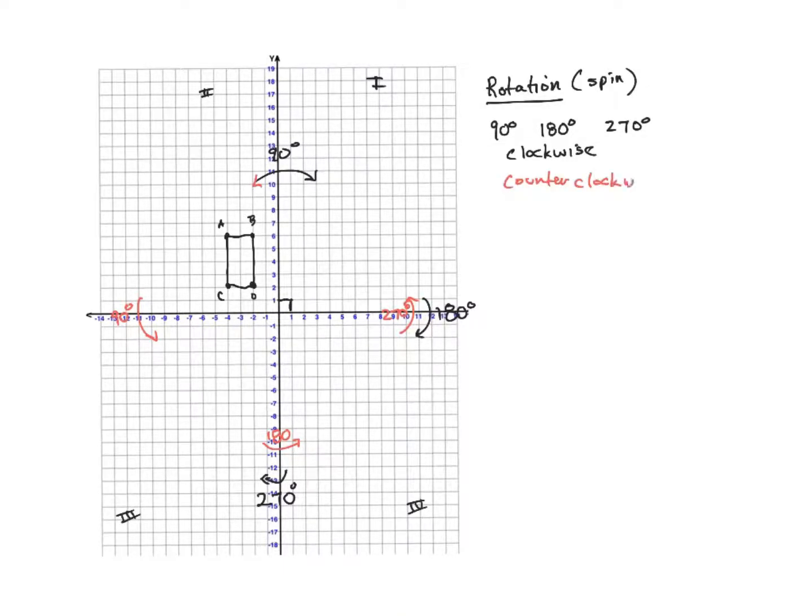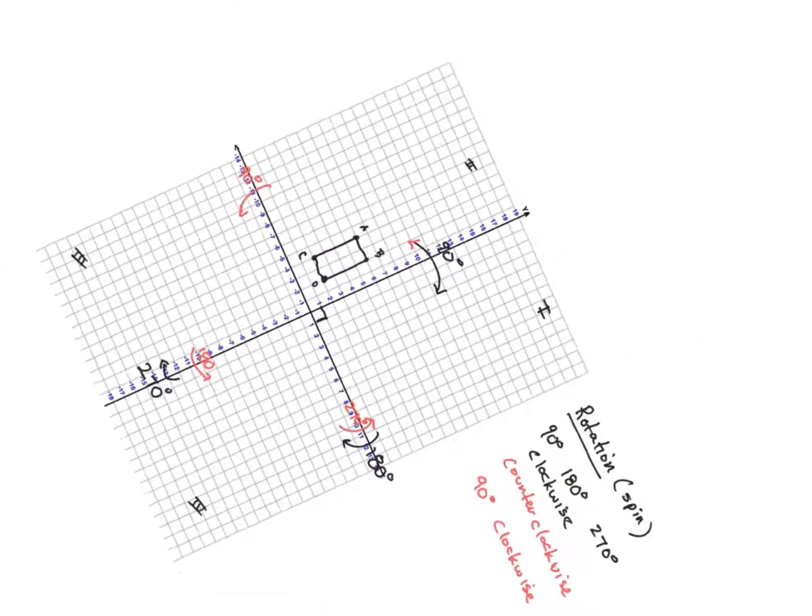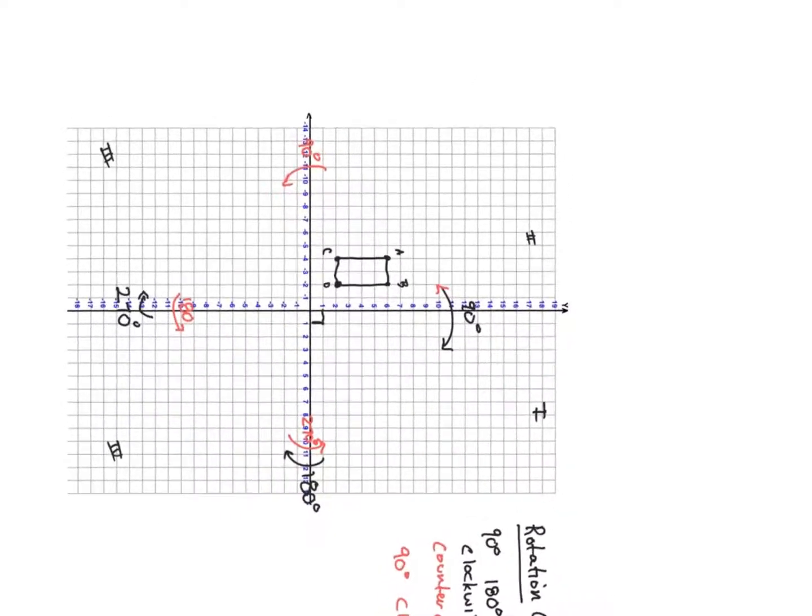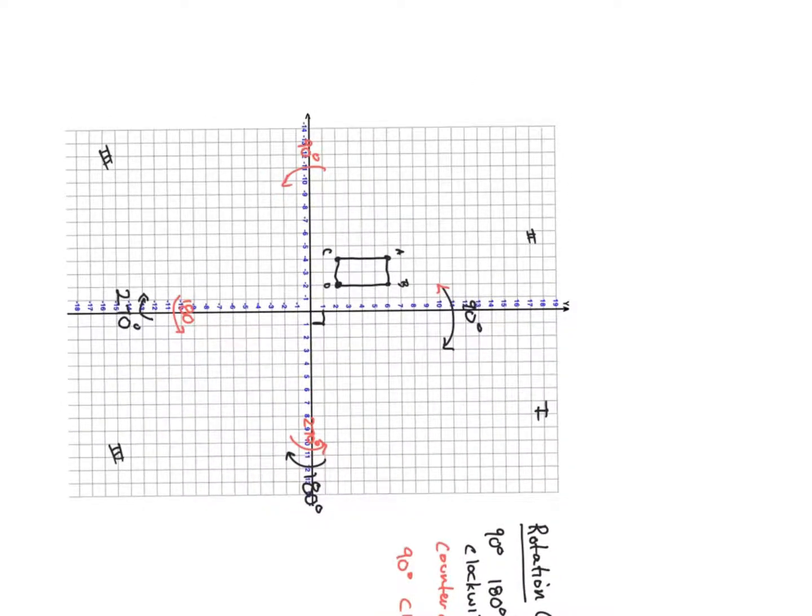What I like to do is always use graph paper. Let's say we wanted to do a 90 degree clockwise. What I like to do is spin my image here 90 degrees. So basically I've just spun it one time, and that gives me my 90 degrees.